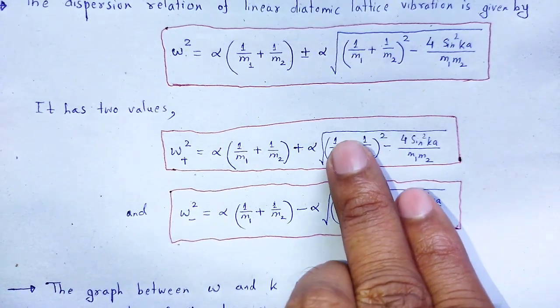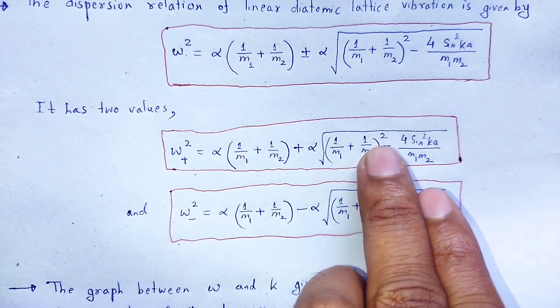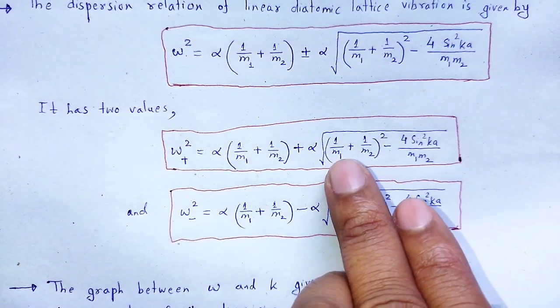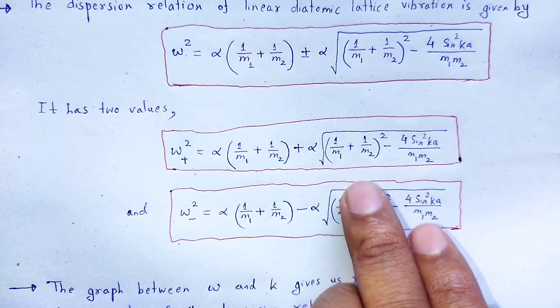Under the root of 1 by m1 plus 1 by m2 whole square, it is just 1 by m1 plus 1 by m2.